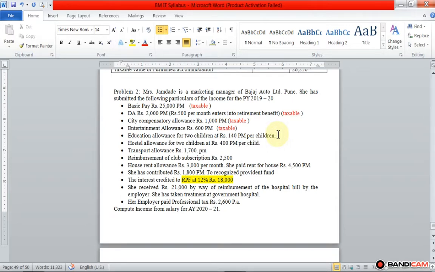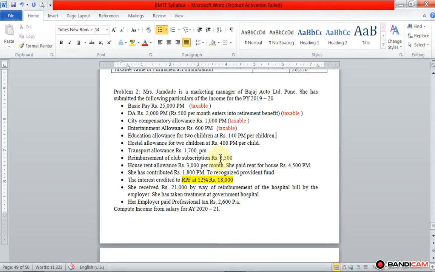Then education allowance. So education allowance for two children amounted to rupees 140 per month per child. Mrs. Jamdade has received education allowance for two children. Remember the partly taxable and partly exempted allowances.